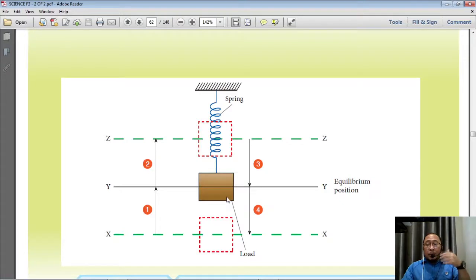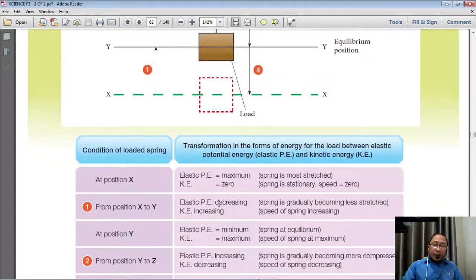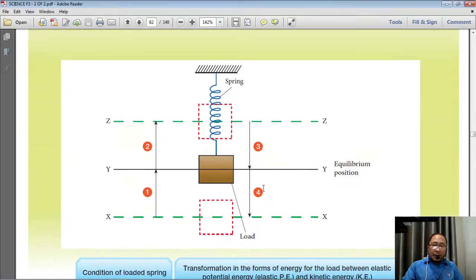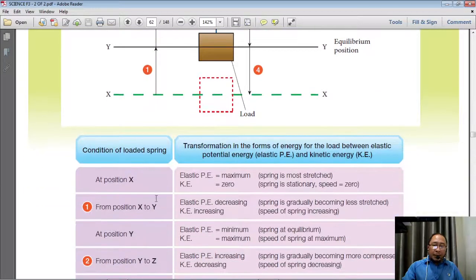Now at position X, elastic potential energy is maximum, the spring is most stretched, and kinetic energy is 0.